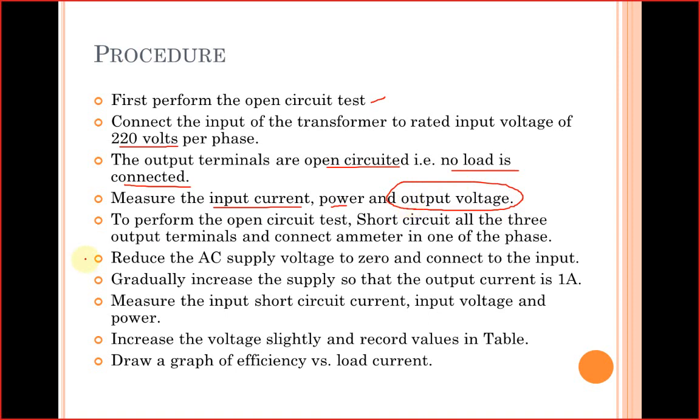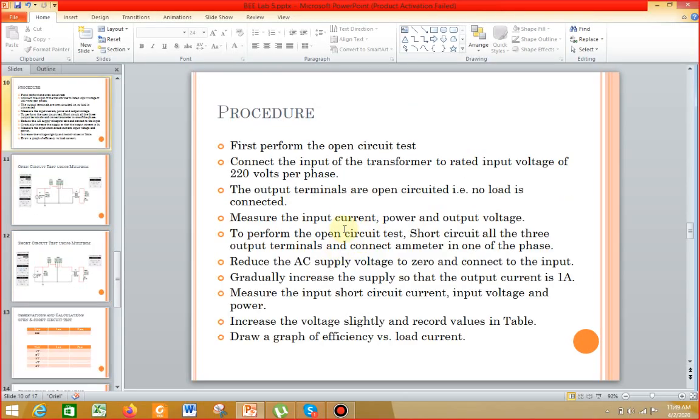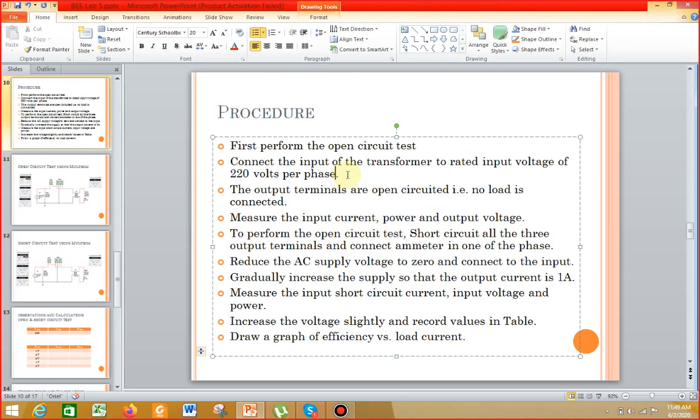Sorry, I will just do a correction over here. Then we will perform the short circuit test.